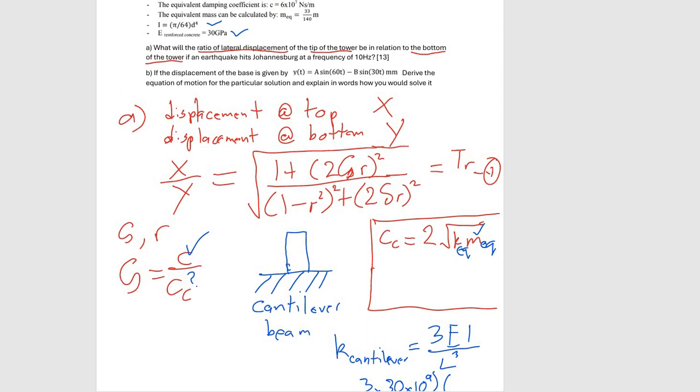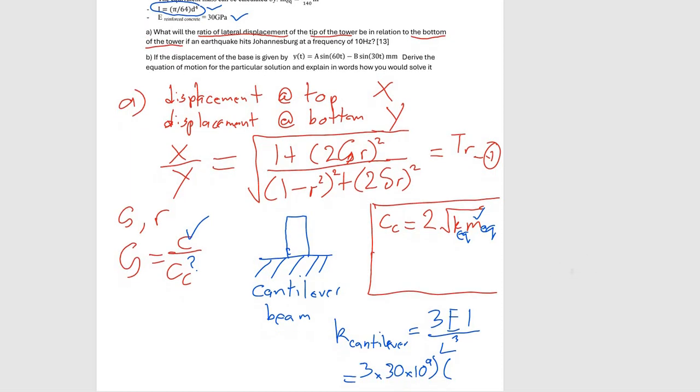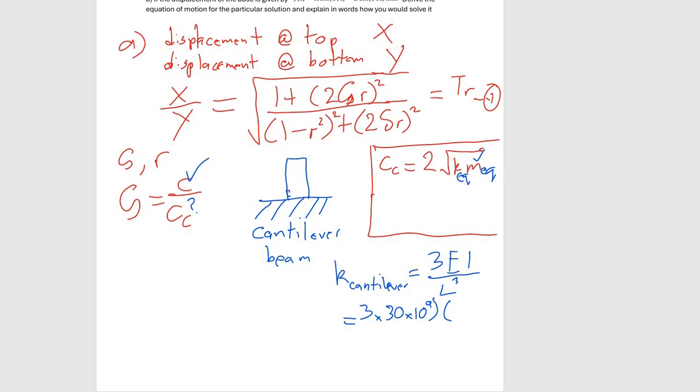If you calculate your I using this particular formulation, the I value you get is 300,3,9,760.74, all of that divided by the length.